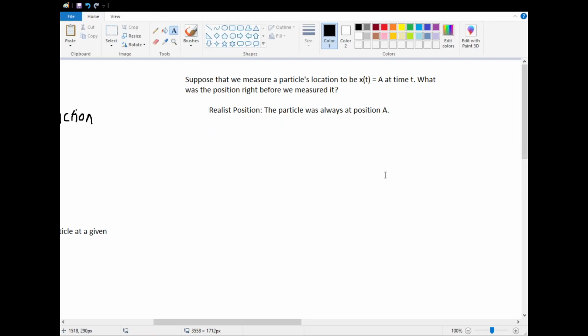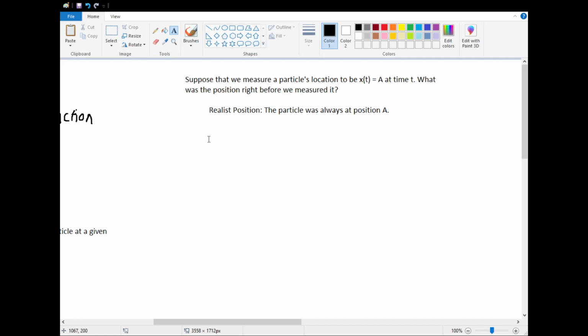If I have a ball sitting in the middle of the room at some location on the floor, and I measure the location of the ball, right before I measured it, the ball was still in that exact same location. So this is the position that we are comfortable with. It is what supports the hundreds of thousands of observations we have made as classical mechanics physicists.